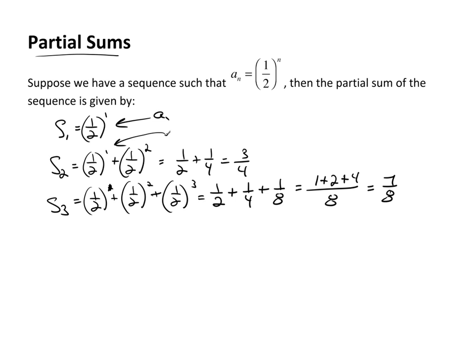Now I want to go back just briefly here and see this value right here is actually a1. This value is going to be a1 plus a2. Here what we're dealing with is a1 plus a2 plus a3. So this partial sum, dot dot dot, S_n is going to equal 1 over 2 to the n plus S_(n-1), where S_(n-1) was the sum of everything that came prior to it.